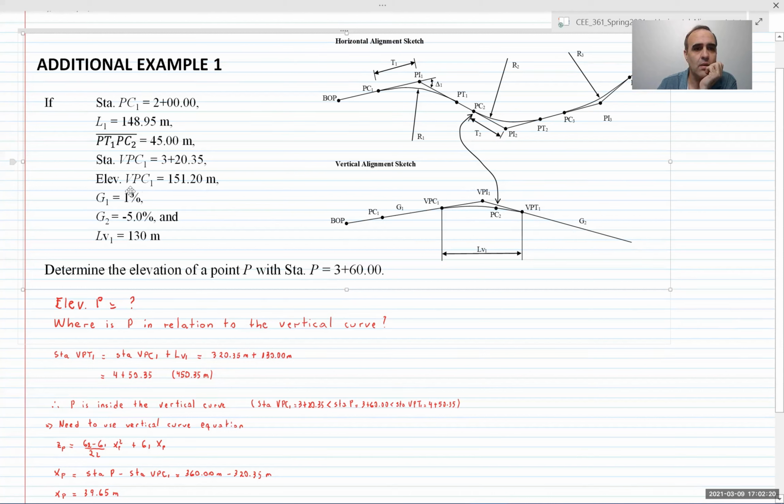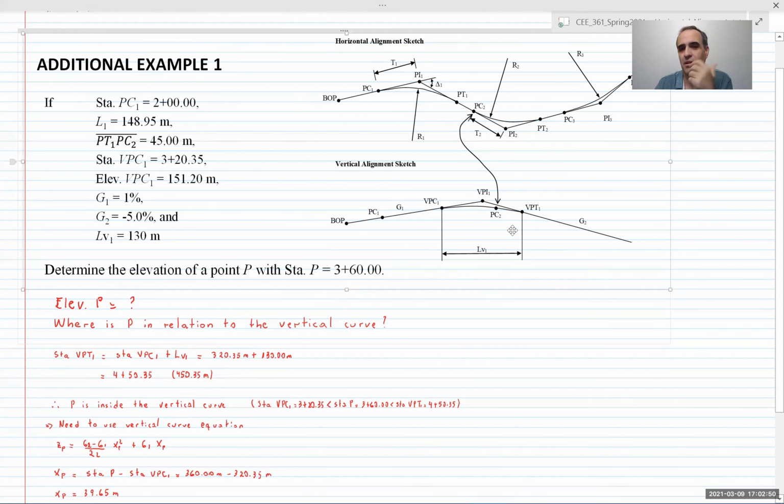Okay, and then I'm also told that the vertical curve is 130 meters long. So if I add 320.35 meters, which is the station of this point, plus 130, that's what I have in here. And I get that the station of the end of the curve, or the VPT1, is 450.35 meters.